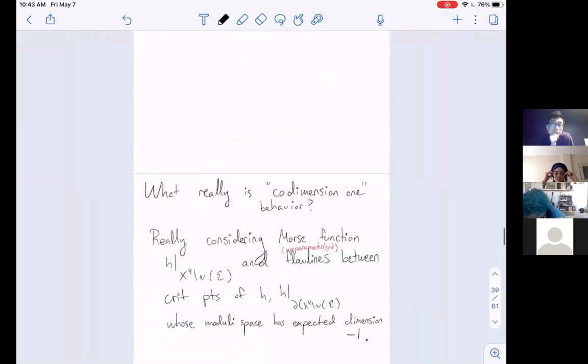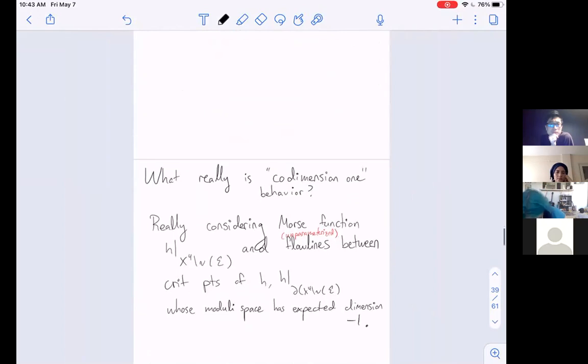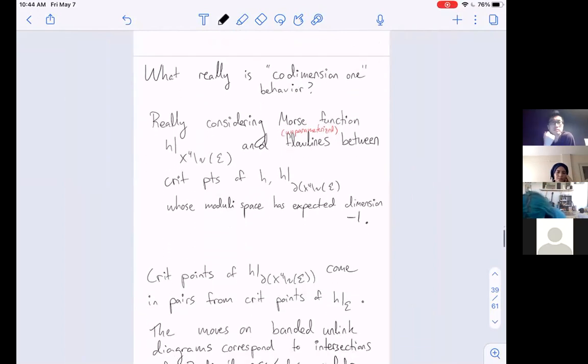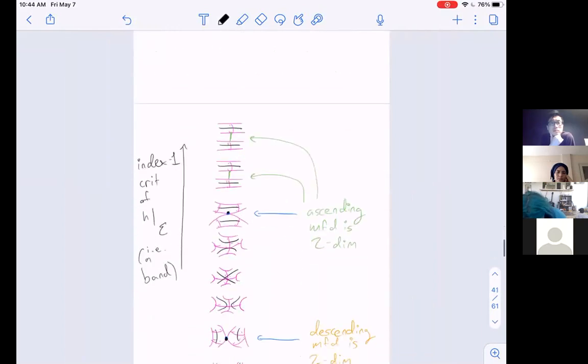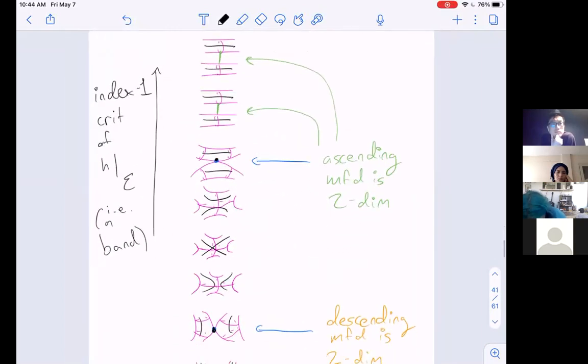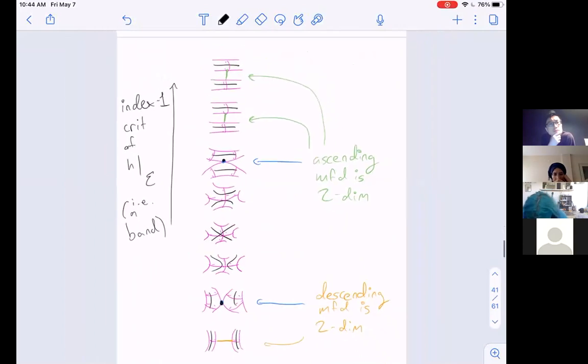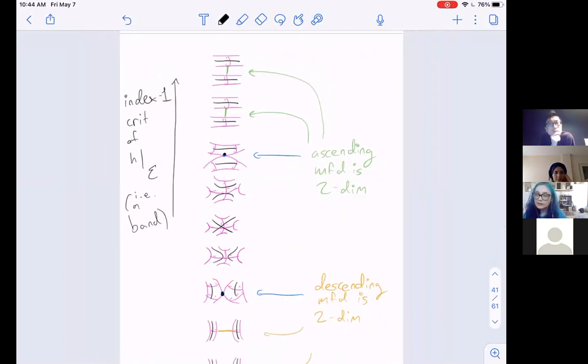And so what is codimension 1 behavior? What do I mean by that more rigorously? What I mean is that if we look at an index 1 critical point, why is it so bad? By that, I mean these index 1 points in our surfaces that flattened into bands, somehow they were giving all of the complexity of the moves, or all of the complexity of the surface.